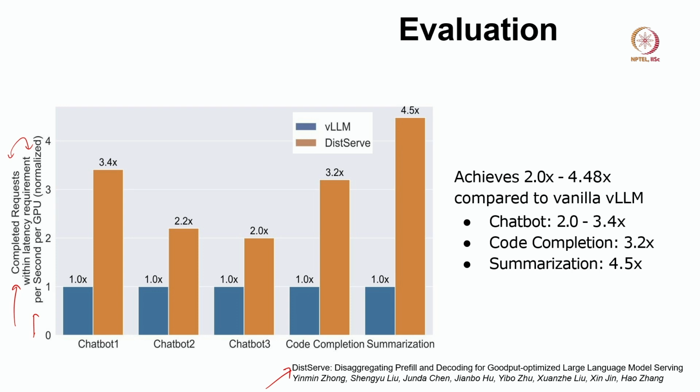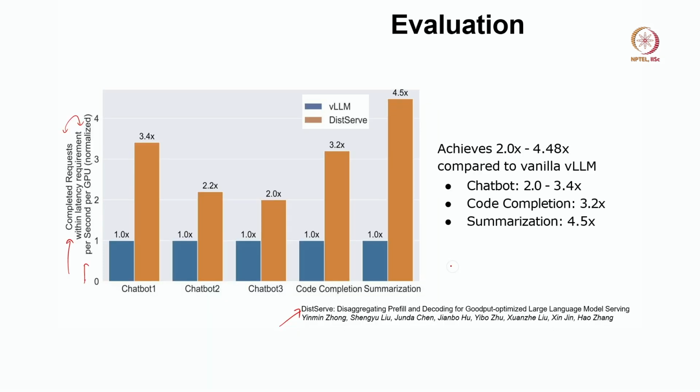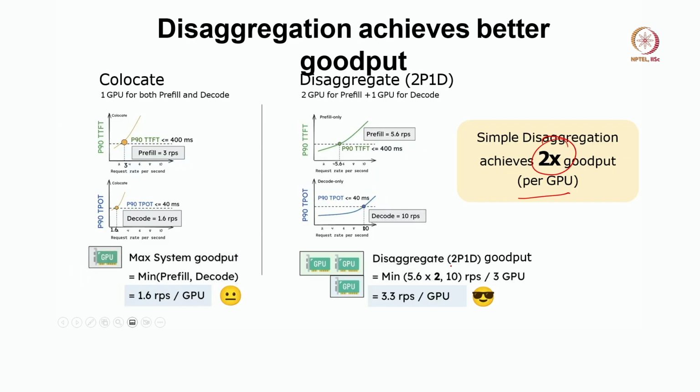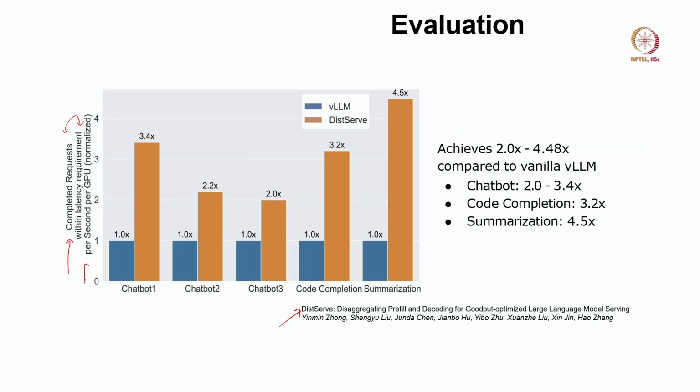They are showing many workloads, like chatbot 1, chatbot 2, chatbot 3, etc. For each of them, when we disaggregate the prefill phase and the decode phase, DistServe achieves 2 times to 4.48 times improvement compared to vanilla vLLM.